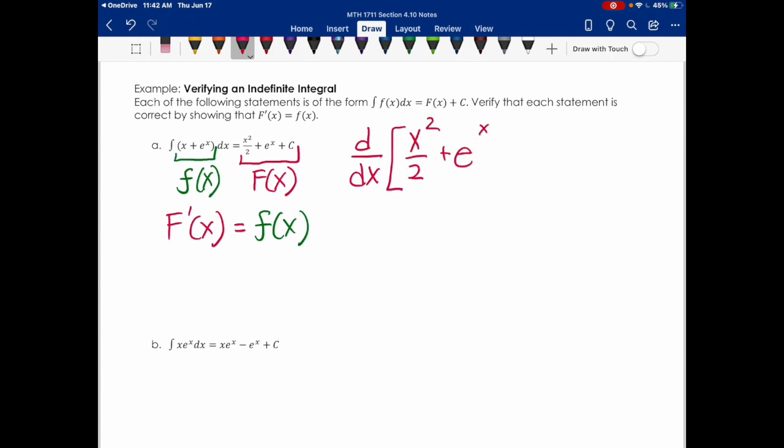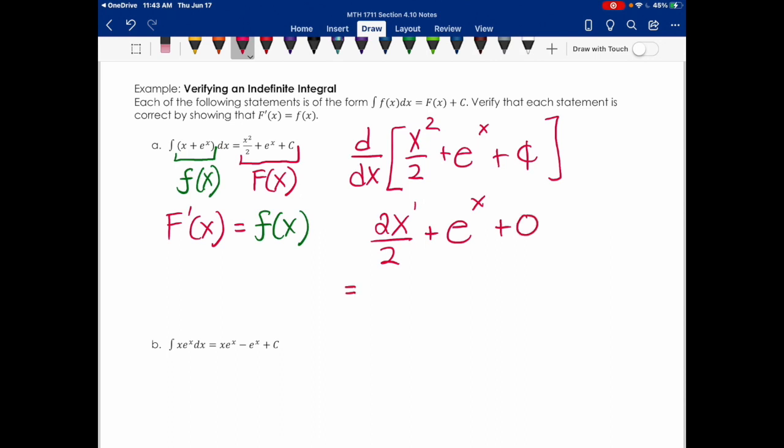So I'm going to take the derivative of x squared over 2 plus e to the x plus our constant. Now, when I take the derivative of x squared over 2, I bring the 2 down in front. I decrease my exponent by 1. So that brings me from an exponent of 2 down to 1. When I take the derivative of e to the x, I just get e to the x.